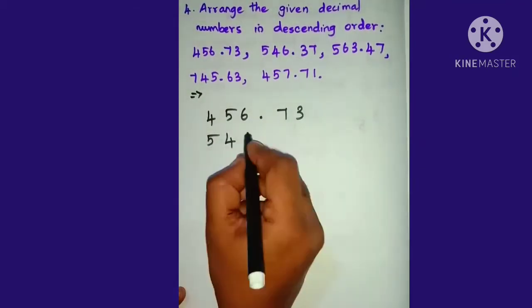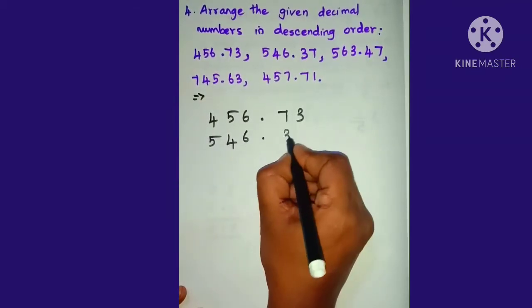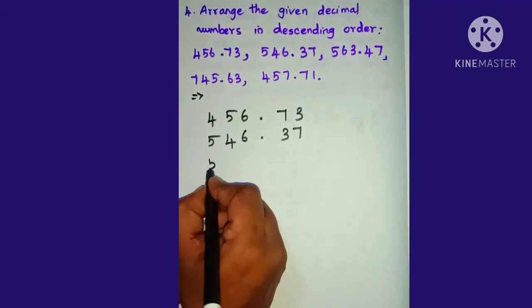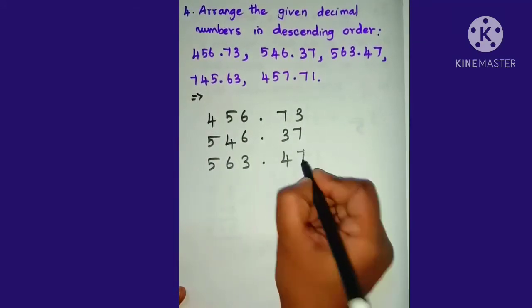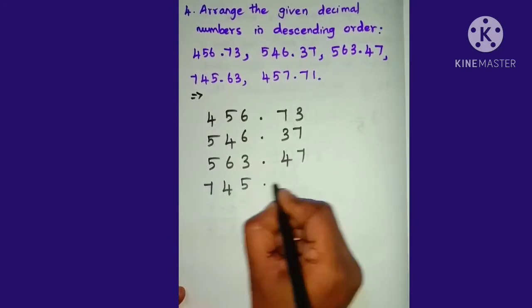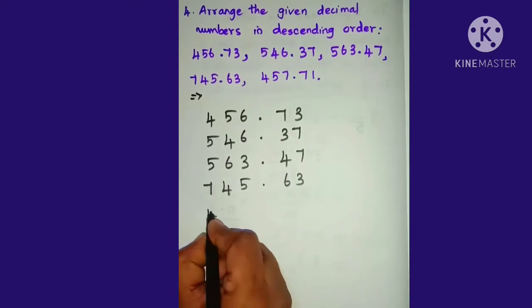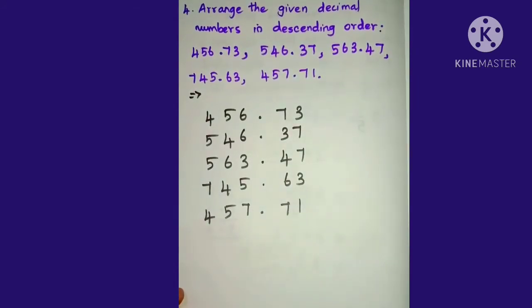The next number is 546.37. The third number is 563.47. 745.63, and the last number is 457.71.